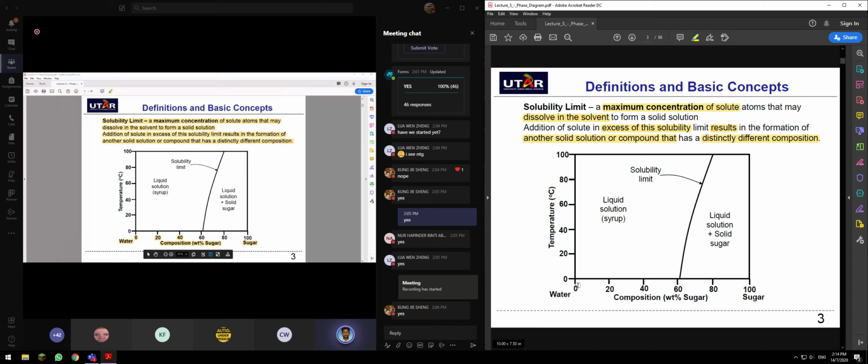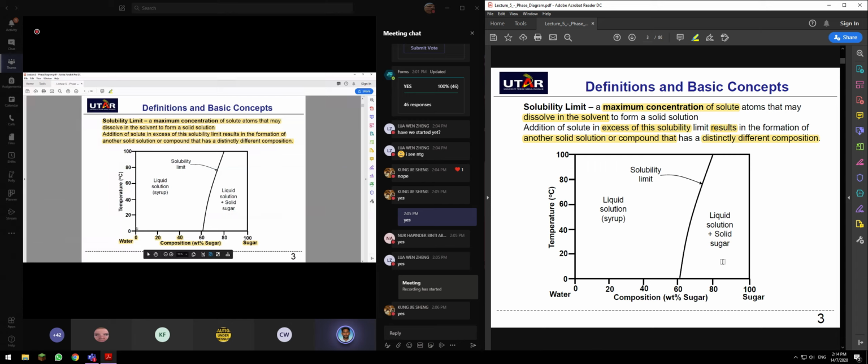All right. Having said that, this is your solubility limit in your phase diagram. Solubility limit says that this is the maximum concentration of solute atoms that may dissolve in the solvent to form a solid solution.